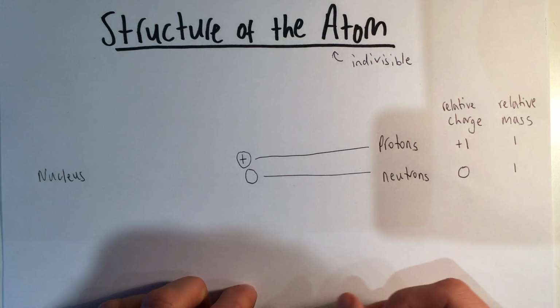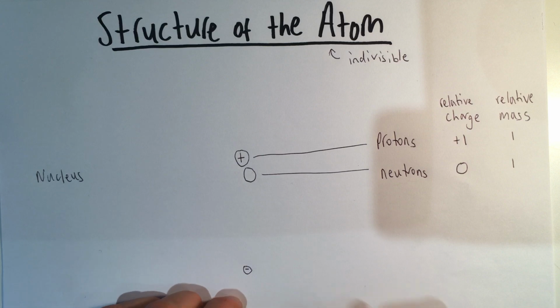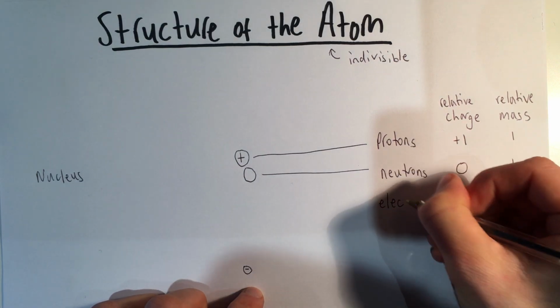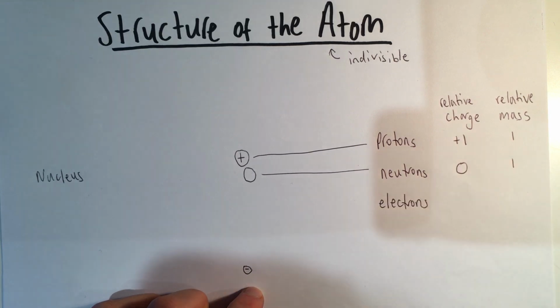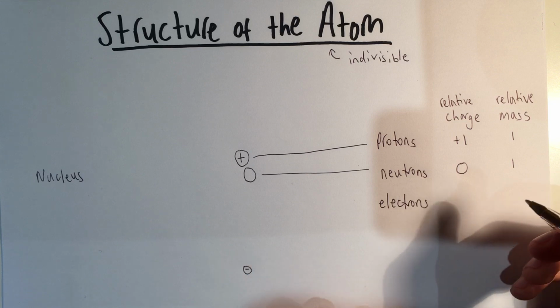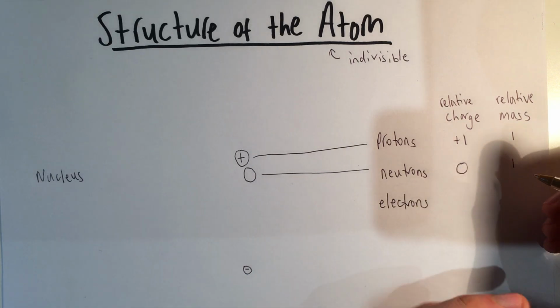Okay, on the outside of the atom then we've got other particles, and these are far smaller and they're negative, and these are called electrons. This is what J.J. Thomson discovered. And compared to protons and neutrons, electrons are very, very small, and therefore their mass is absolutely tiny.